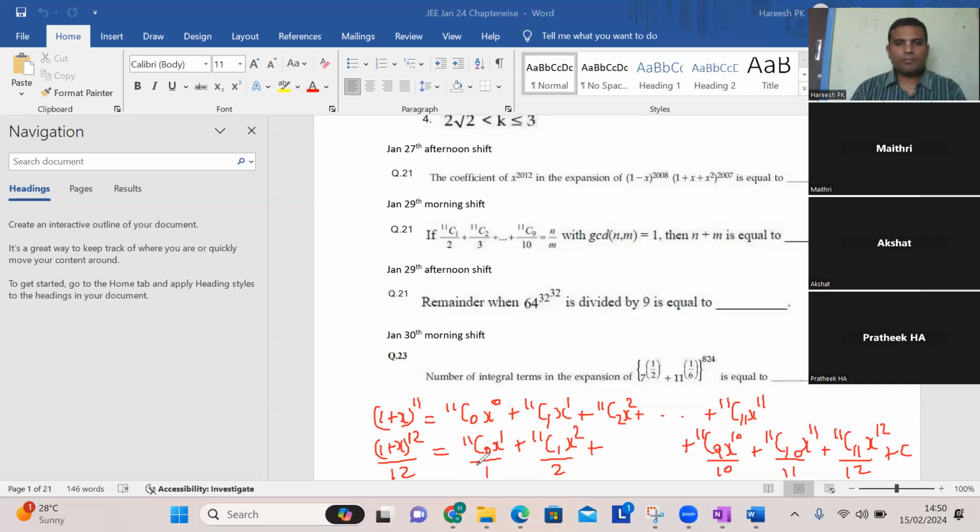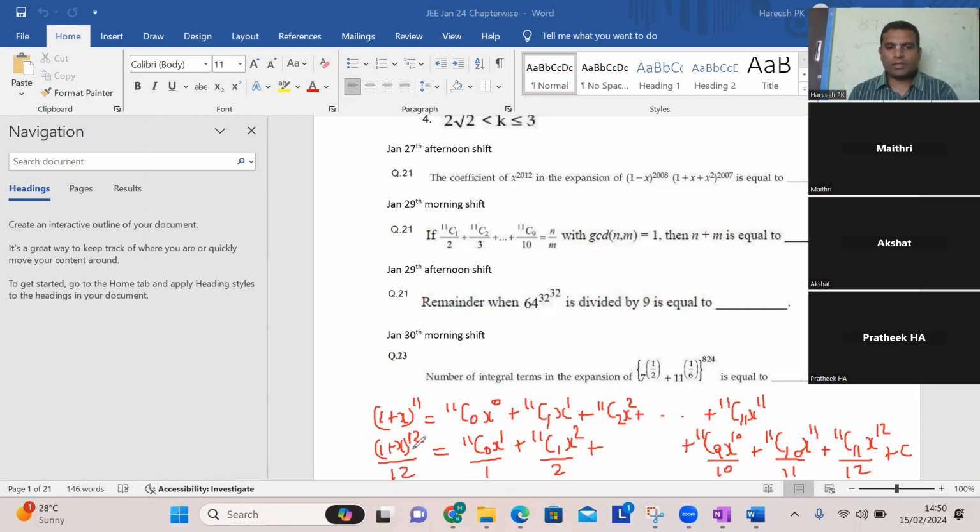Now first step is you need to find the constant of integration. Who can tell me how to find the constant of integration? Whenever we do integration like this, how to find the constant? Put x equal to 0.